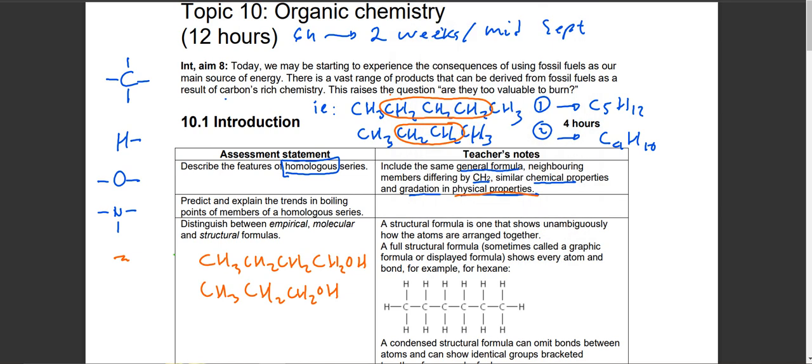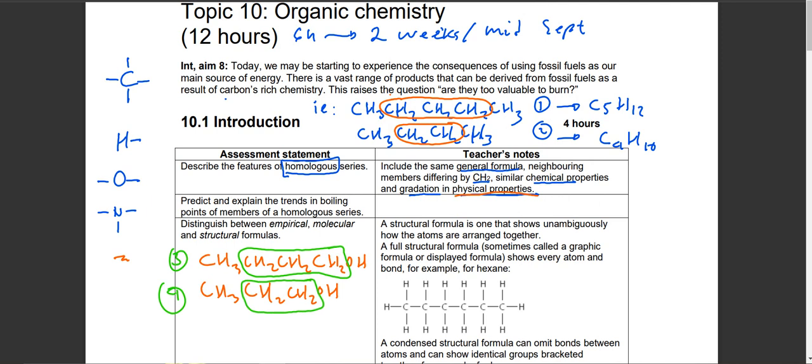So let's see in here. This is compound number 3 and this is compound number 4. Compound number 3 has 3 CH2 and then this one has 2 CH2.